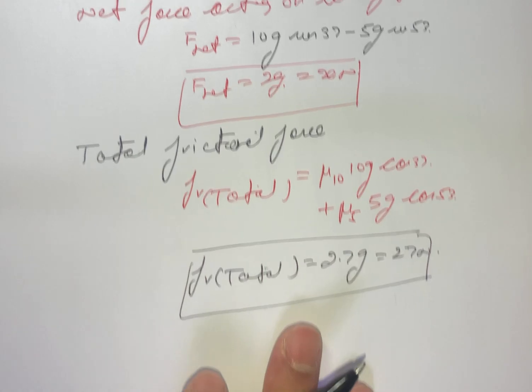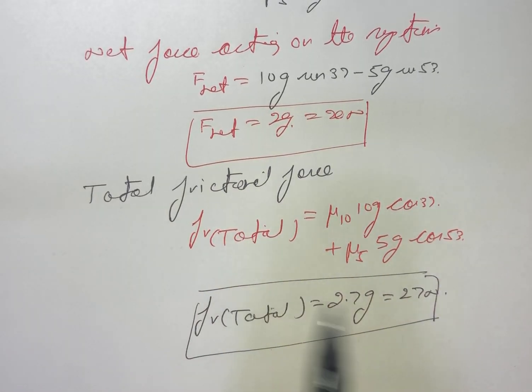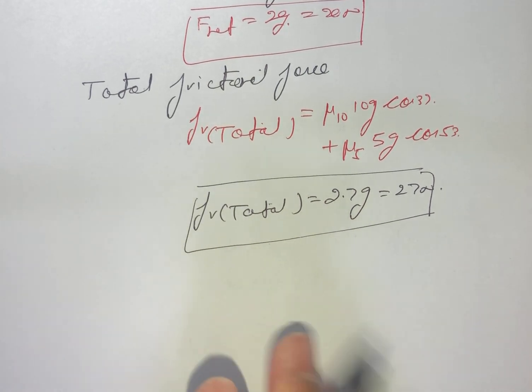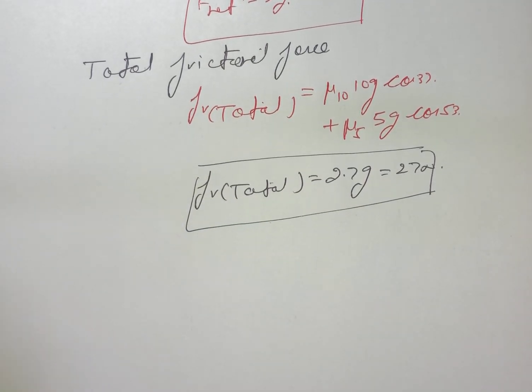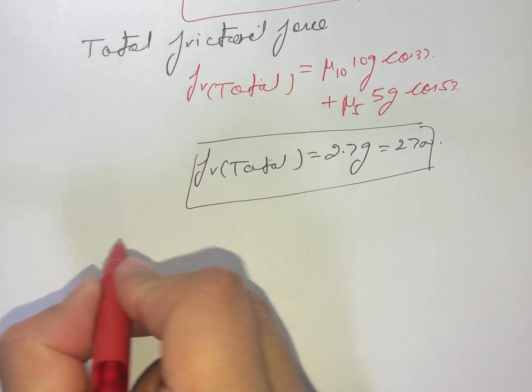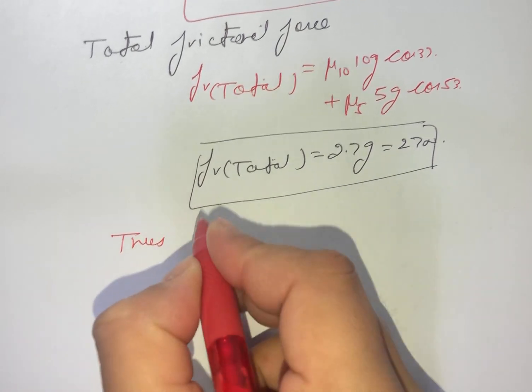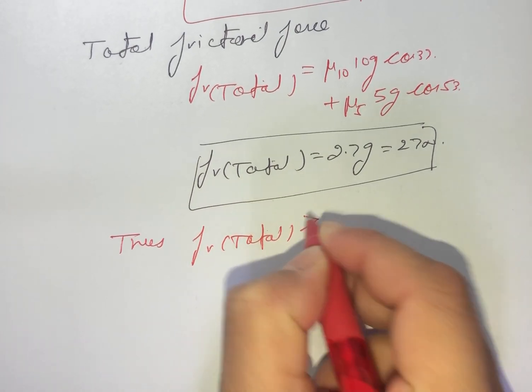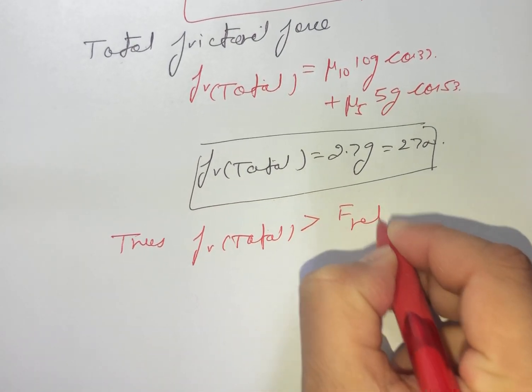If you make the comparison between the net force and the frictional force, it can be said that the frictional force is greater than the net force. Thus, Fr total is greater than F net.